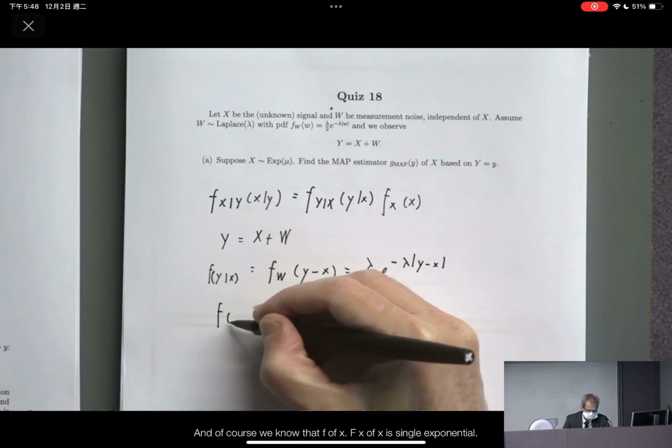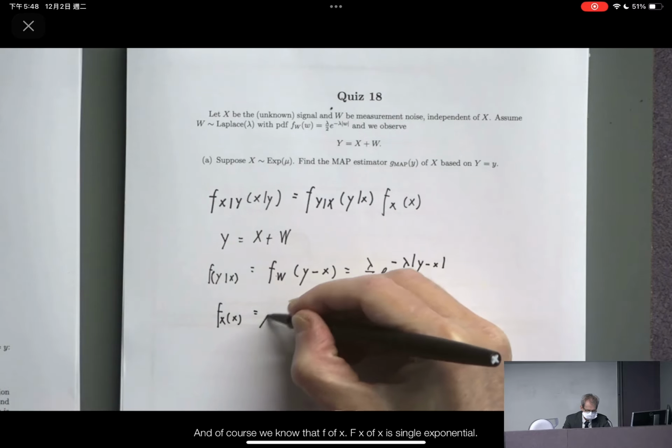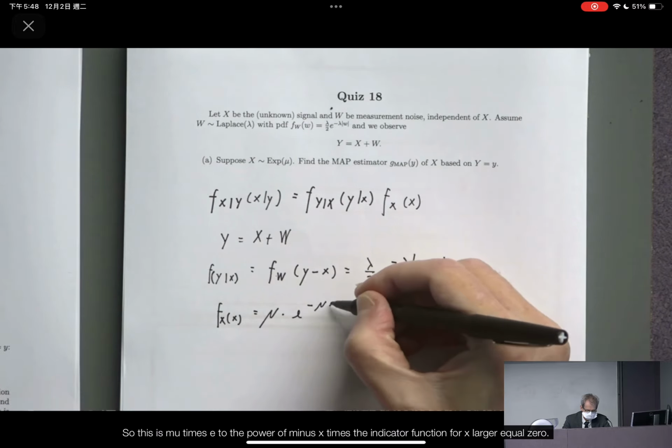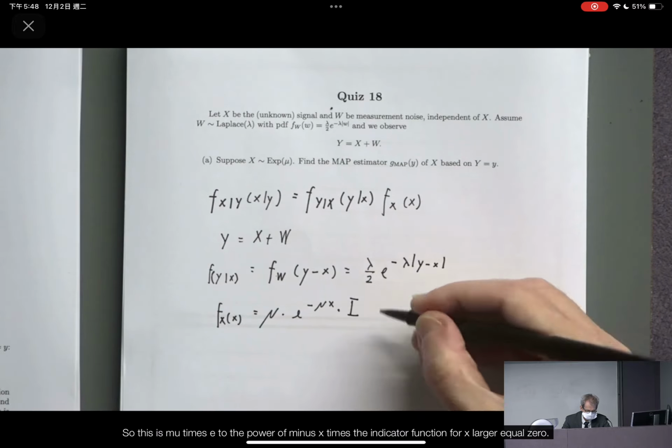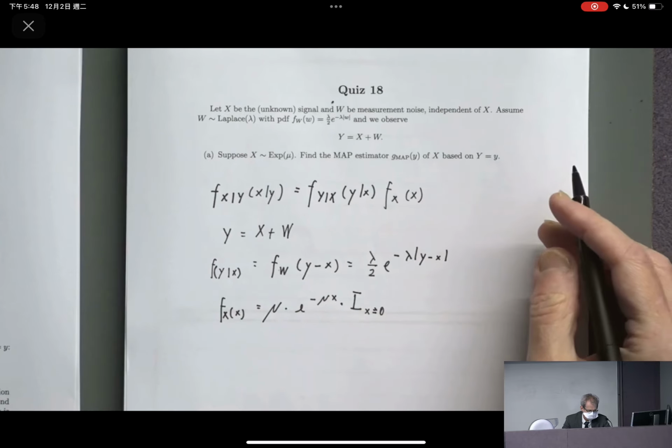And of course, we know that f of x is a single-sided exponential. So this is mu times e to the power of minus mu x times the indicator function for x larger or equal 0.